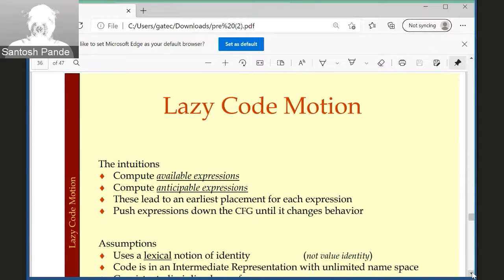So PRE is a problem which is again very similar to, as you know, common subexpression elimination. That is, we are eliminating an expression based on the lexical identity, first of all, not based on the value identity. So in other words, x plus y is the expression which we are trying to eliminate, and it has to be identical in terms of its operands and operator to the expression which we are getting rid of.